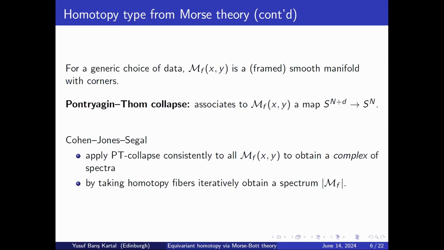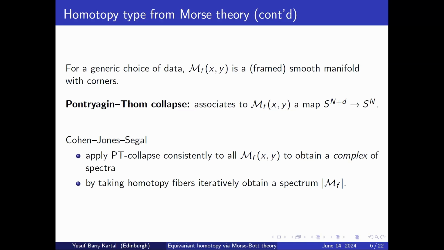Yes, these are manifolds with corners. Let's ignore corners and just consider manifolds with boundaries. If there is no boundary, of course you get a map from S^(n+d) to S^n. If you have a boundary, you are actually embedding into the positive reals, [0, infinity) cross some R^n, and what you get is essentially a map from a cone.